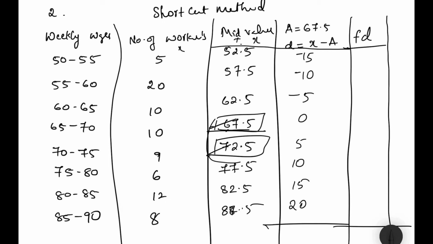Now I need to find f into d. F values I know, right? So f into d if I do, what you'll get? 52.5 into 15, it's minus.